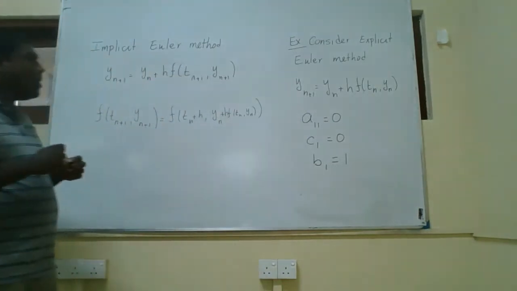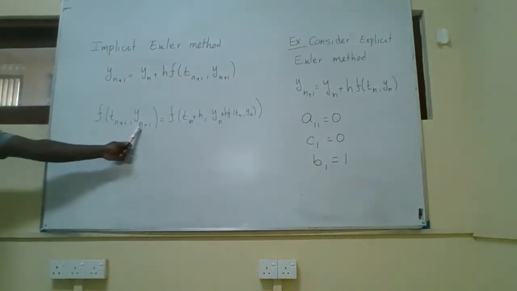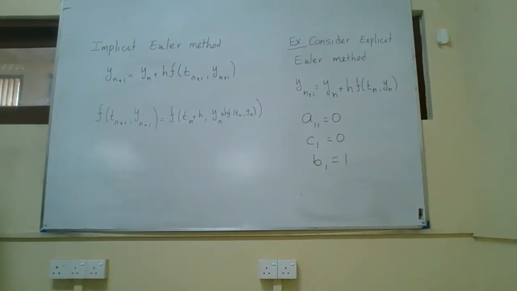And then by using the explicit Euler formula, you can write this in this form, right? Clearly you can see the values now, right?